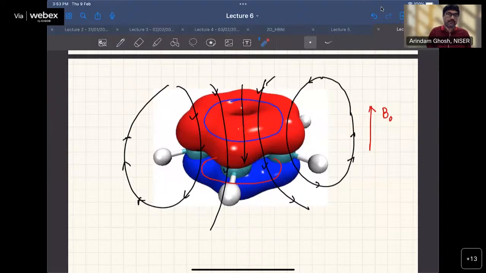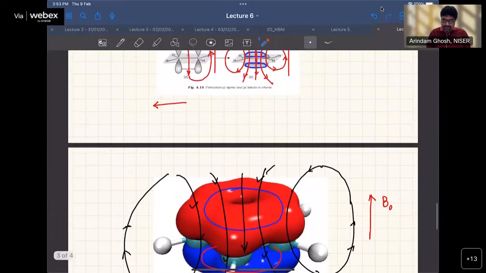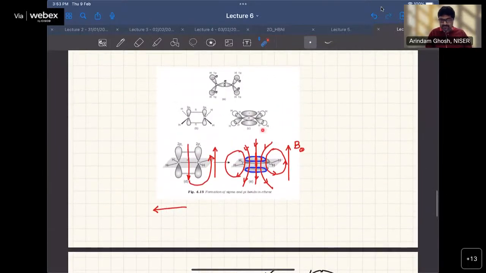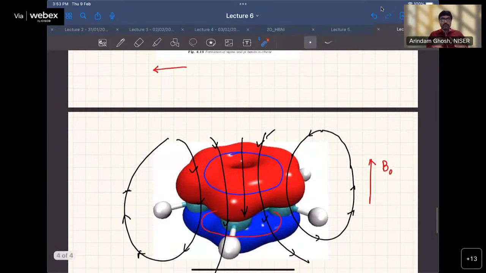Rather, they'll show kind of a paramagnetic effect, in that the field is adding to the original one, and that will create more deshielding. So we have the same effect, but here it is about 4 to 5 ppm, whereas these aromatic protons go all the way to 6 to 7 ppm, sometimes 8 ppm, depending upon the other substitution.